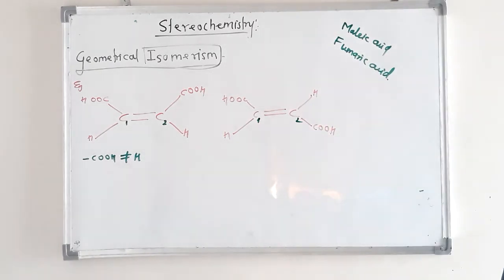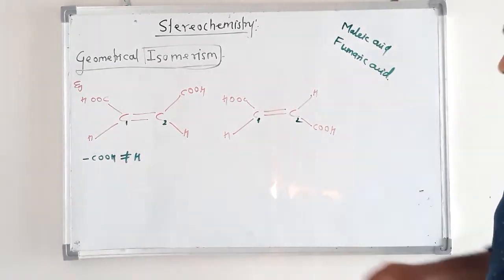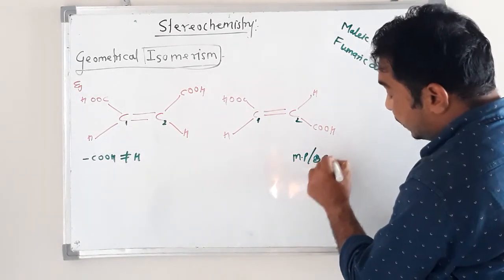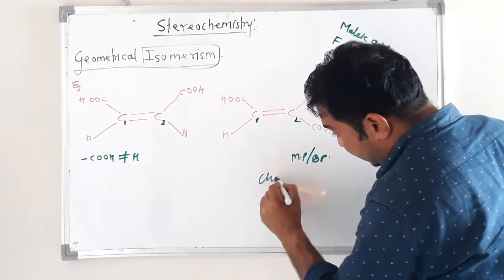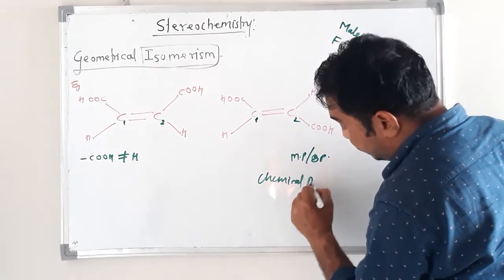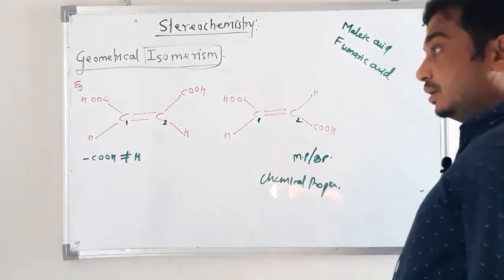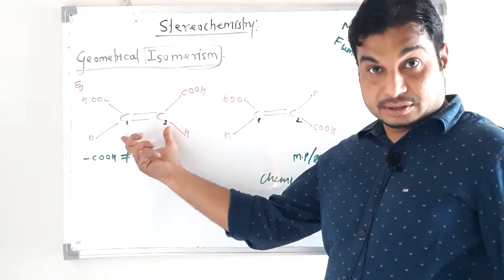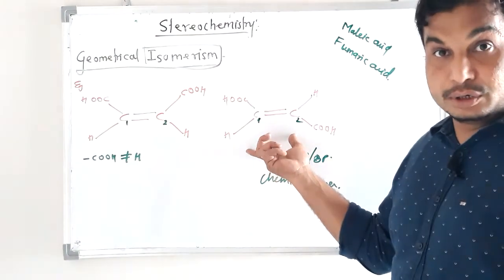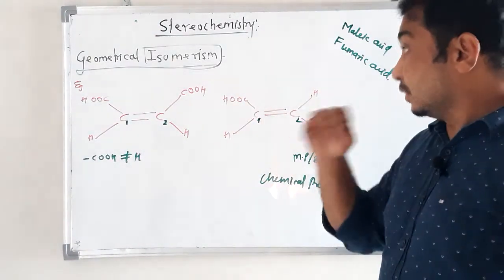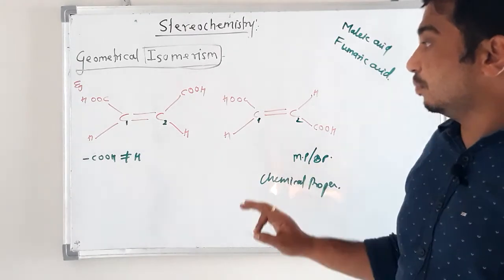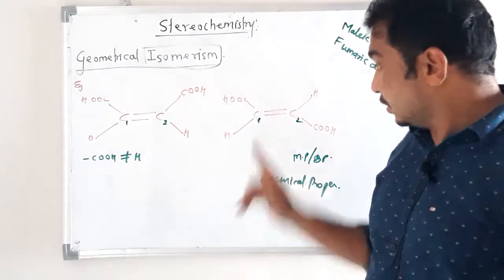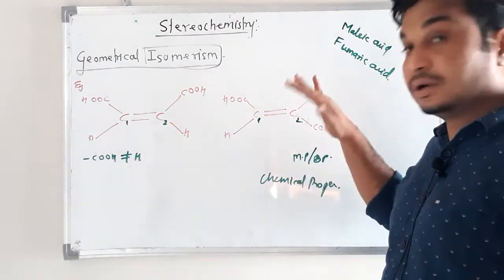These two compounds have different melting points and boiling points, and some chemical properties are also different. This compound easily undergoes dehydration, but it is very difficult for the other to undergo dehydration. So they are different chemical compounds. In this compound identical substituents are on the same side; here identical substituents are on opposite sides.